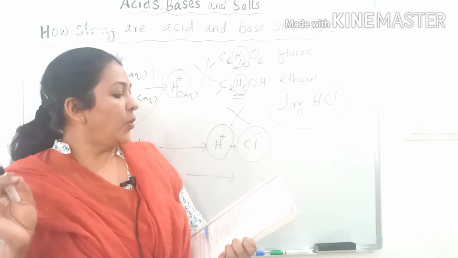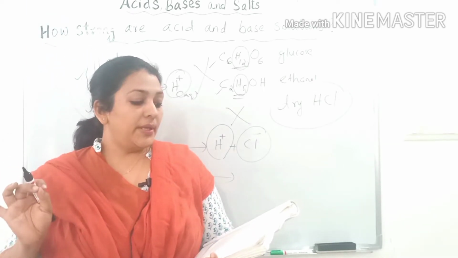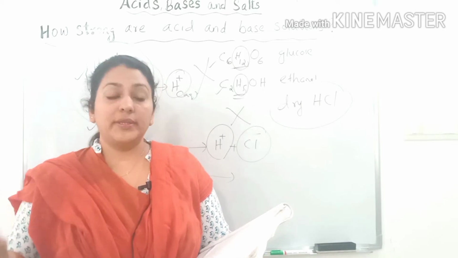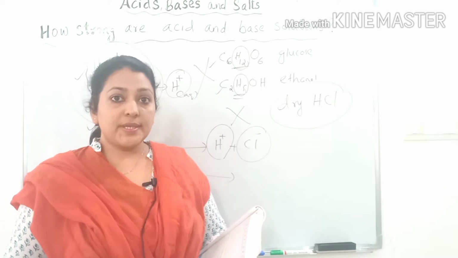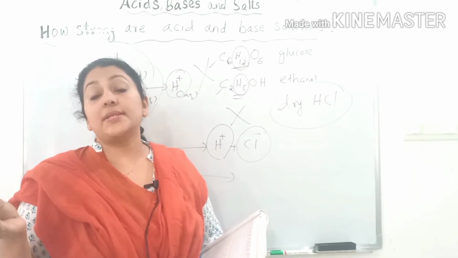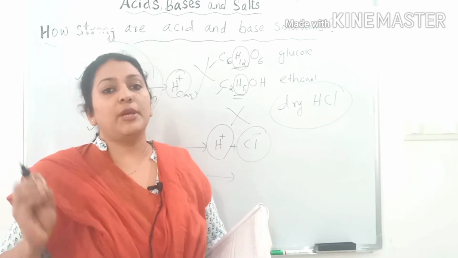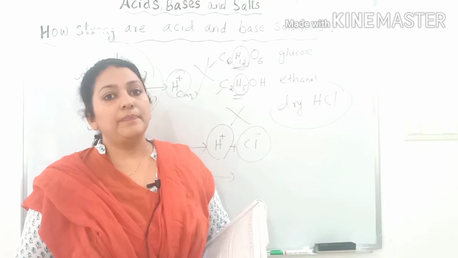Moving to the fourth question. While diluting an acid, why is it recommended that the acid should be added to water and not water to the acid? We have already discussed that dilution of an acid is a highly exothermic process. So if you add water to acid, what will happen?